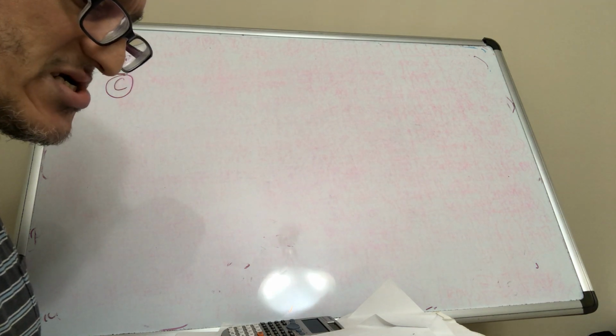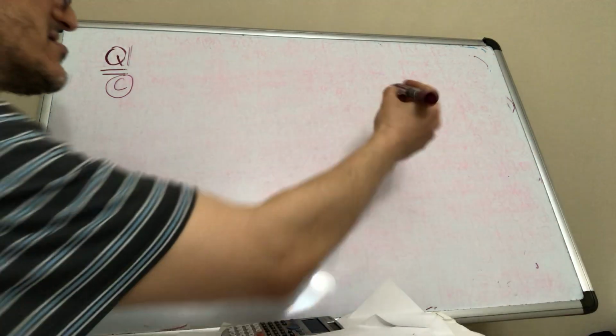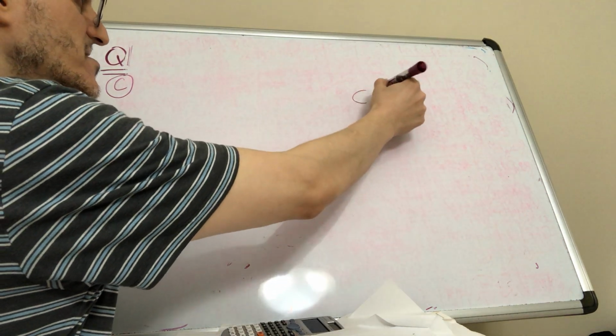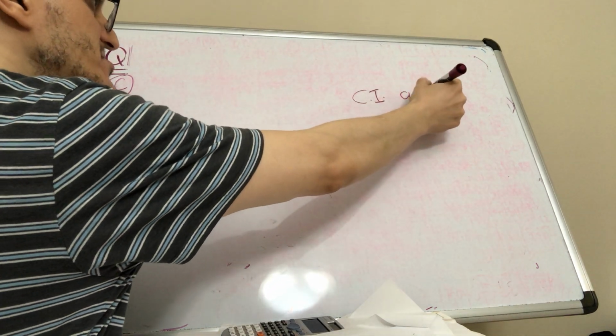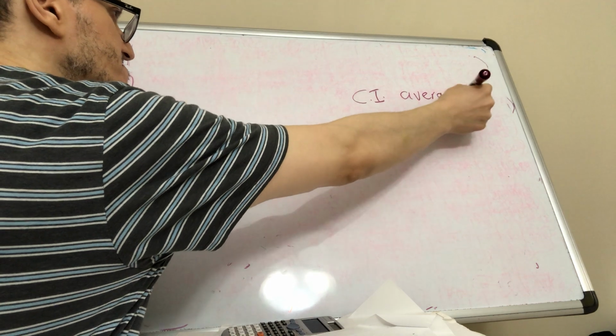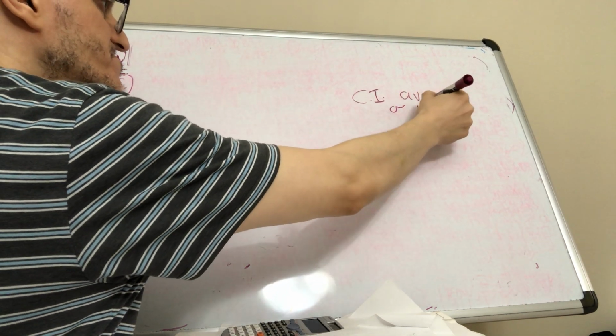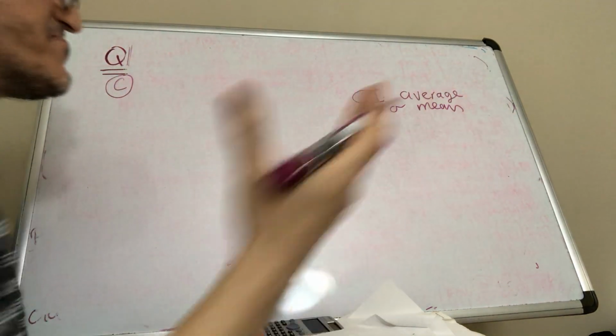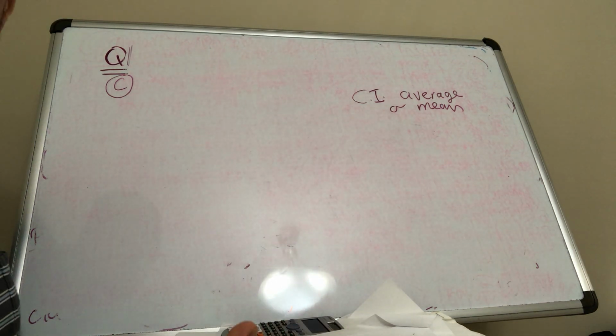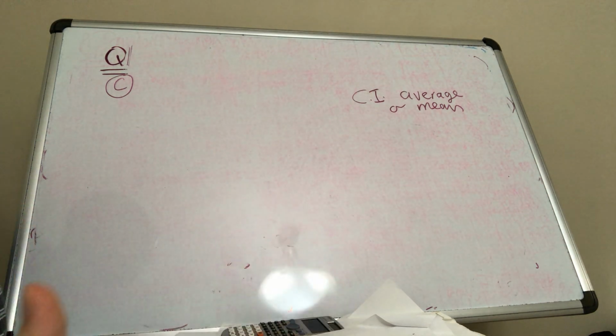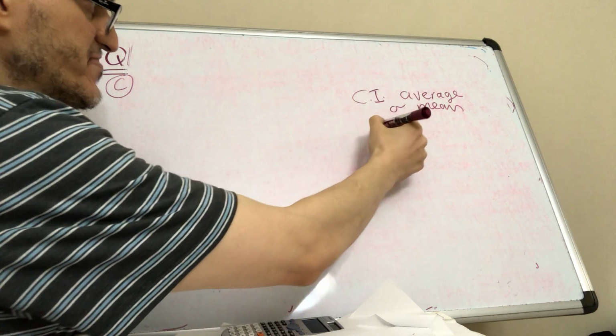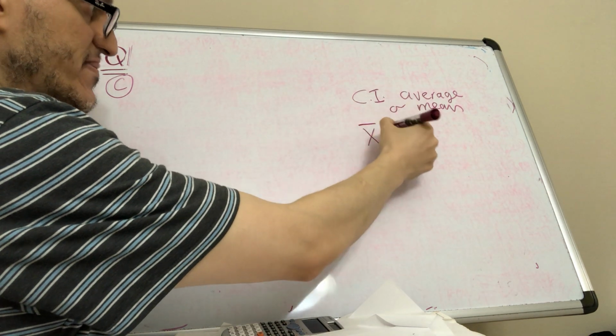A 99% confidence interval for the population average. So it's a confidence interval for average, or mean. We did the confidence interval for proportion: P plus or minus Z star square root of PQ over N. For average, you have two choices.